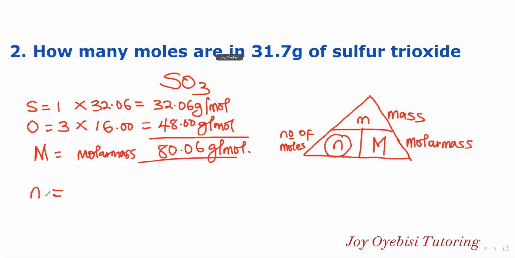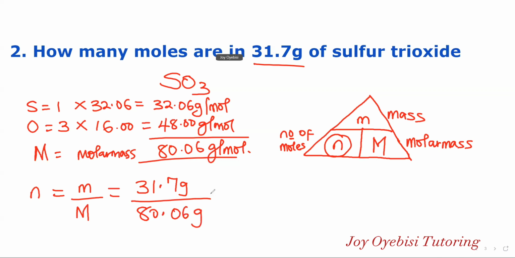n is equal to, remember n means number of moles, which is how many moles. So we're looking for moles. n will be equal to the mass over the molar mass. The mass here is given to us as 31.7 grams. Divide that by 80.06 grams per mole.